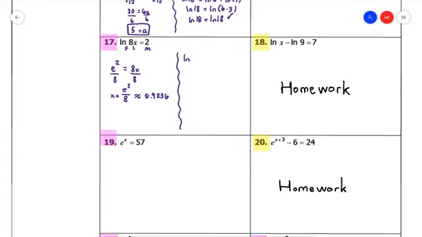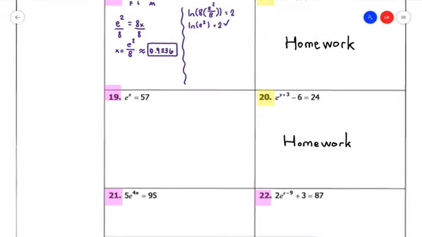I'll say ln of 8 times e squared over 8 equals 2. The 8 over that 8 would just cancel out, so I have ln of e squared equals 2, and if we check that in the calculator, it is a true statement. So this does work as what x would equal.